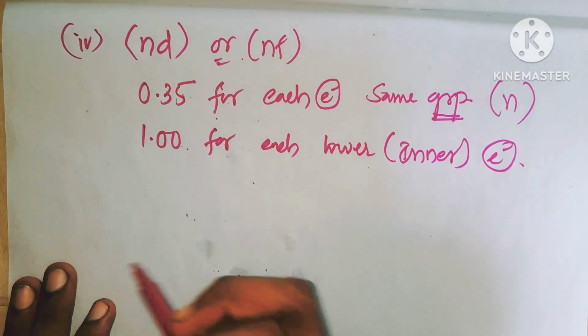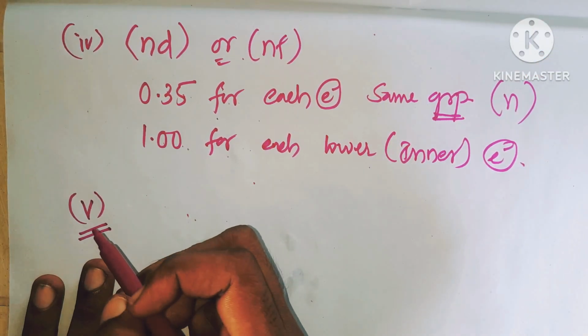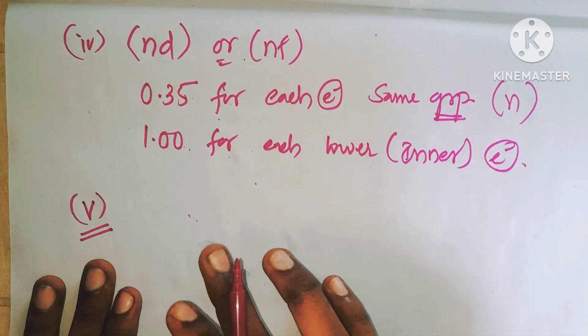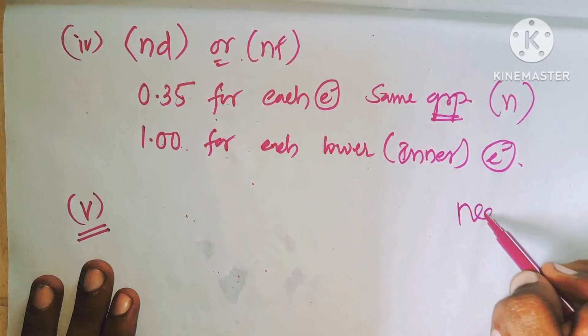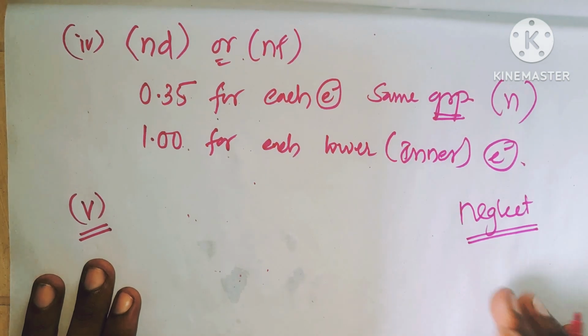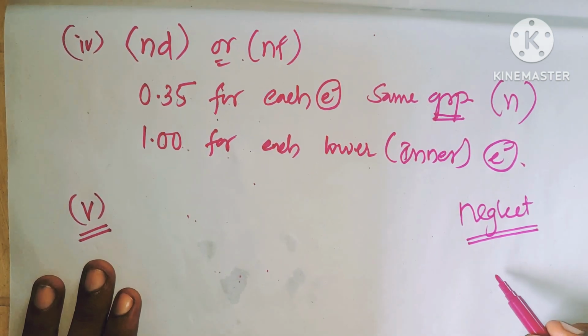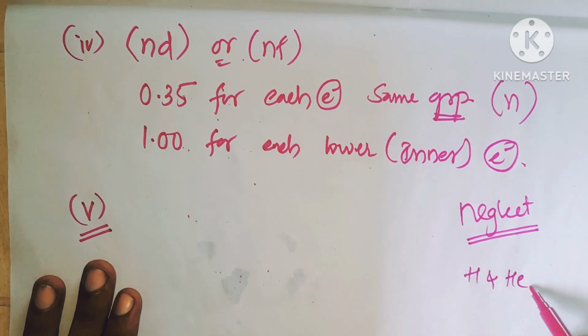And one more, the last fifth rule, is not so important, but not to be neglected. It may not be important in all polyelectronic atoms, but it is very important in monoatomic or diatomic calculations, that is, hydrogen and helium like atoms.